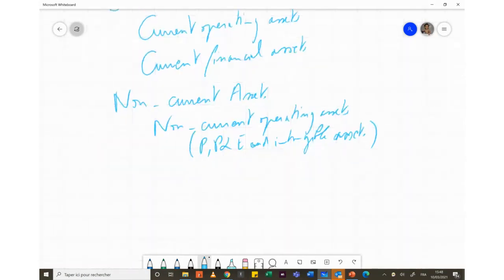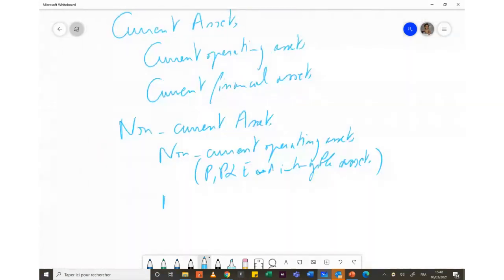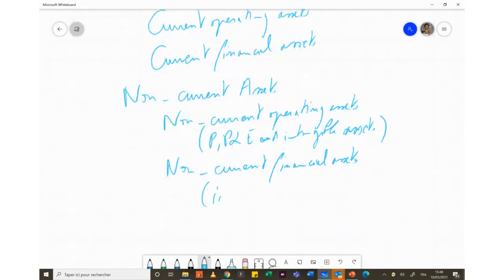And I have also the non-current financial assets. So for instance, investments in associates. Here you own between 20 and 50% of the company.